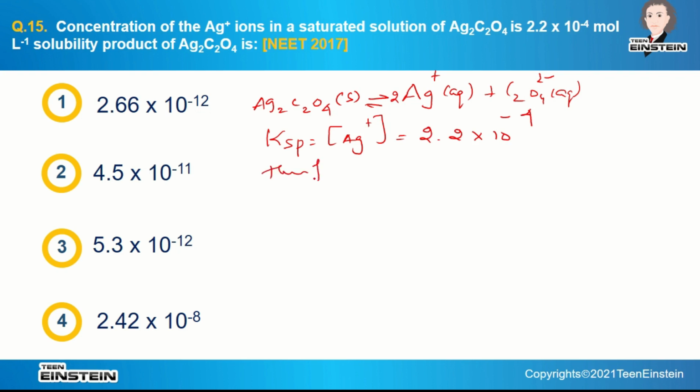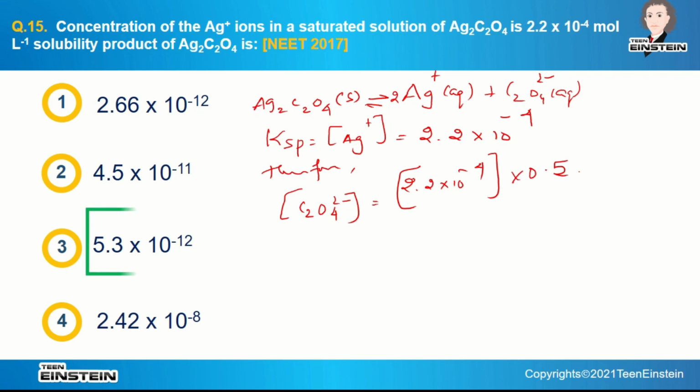Therefore C2O4 2 minus, which one is 2.2 into 10 to the power minus 4. This one is Ag plus, which multiplied by 0.5.